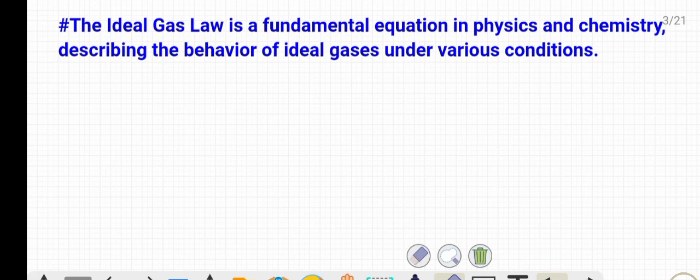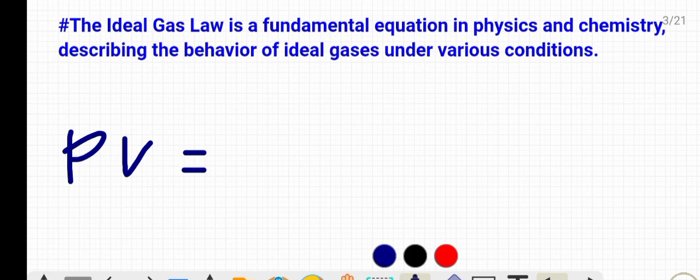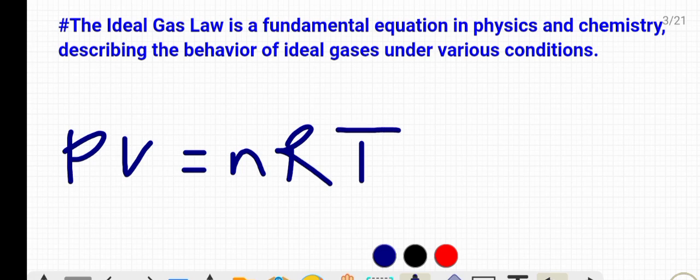These equations are so fundamental in physics and chemistry, and they describe the behavior of ideal gases under various conditions. What we are going to be talking about here is pressure multiplied by volume is equal to the number of moles multiplied by the gas constant and the temperature.